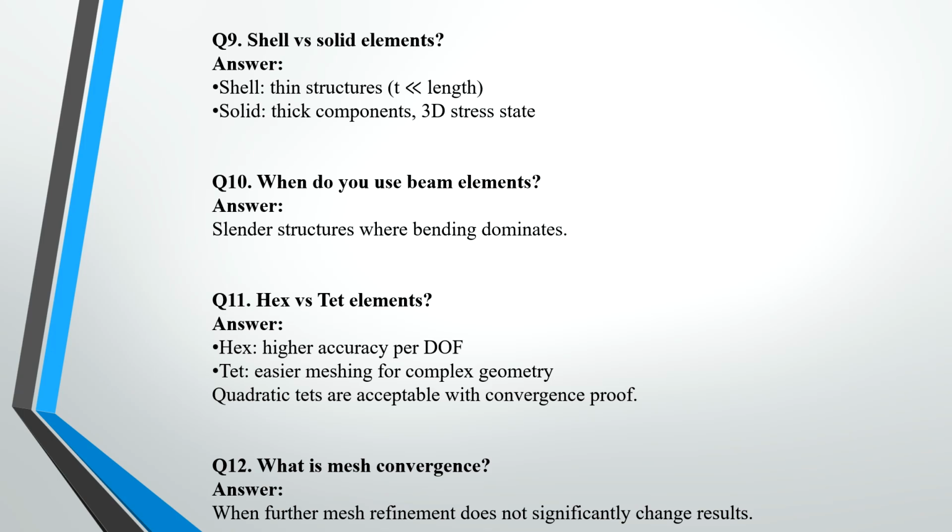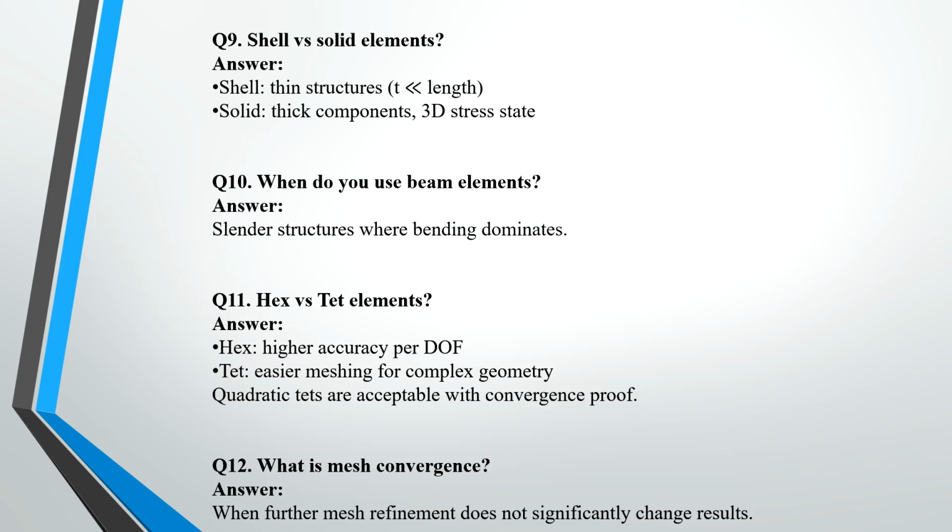So this is also a very important question: when to use hex elements and tet elements. The hex elements, when we want very high accuracy per degree of freedom, we use hex. Tet we use for easier meshing of complex geometry.